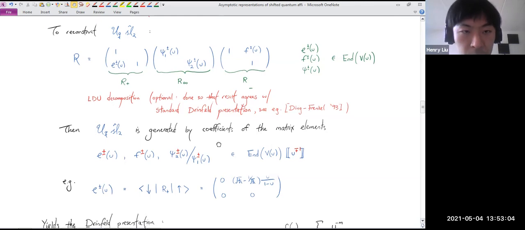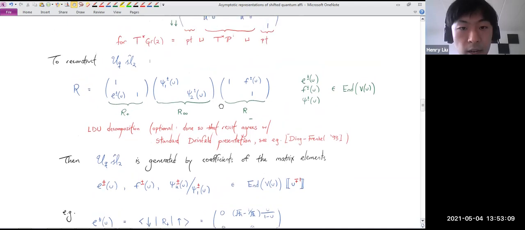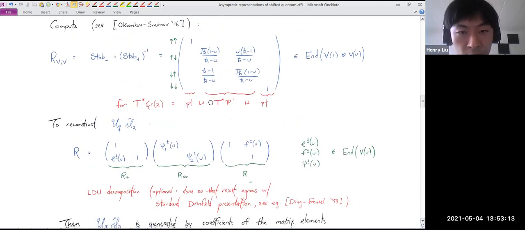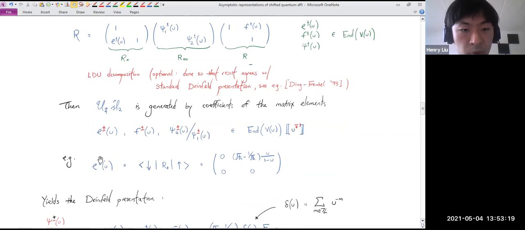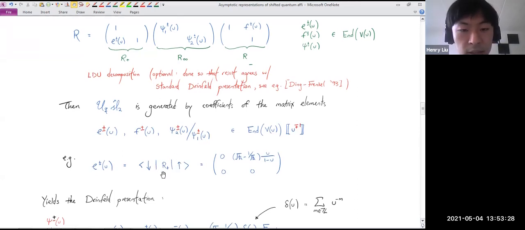And so very concretely, if you plug this R matrix into your favorite computational software and ask it to do the LU decomposition, you'll see that the 2x2 block corresponding to what I called E is this. If you want to write it as a matrix element, it looks like this.